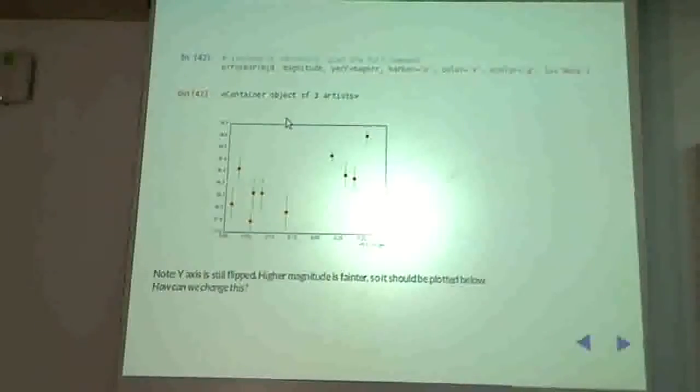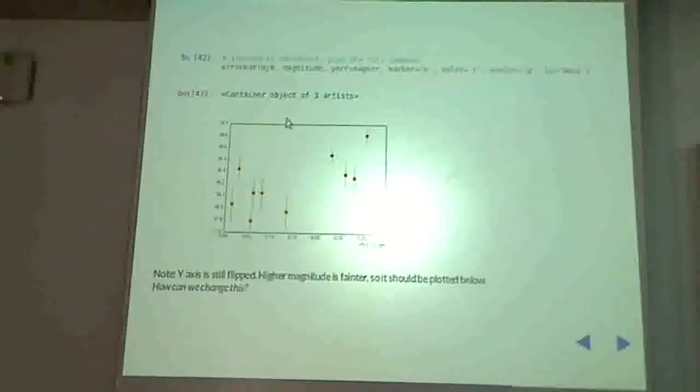Okay, so what are we doing now here? We have given MJD and magnitude as before. We have given the y error. We have specified the markers to be circles. We have specified the colors of the markers to be red. We have specified the color of the error bar to be green, and we have specified the line style to be none.